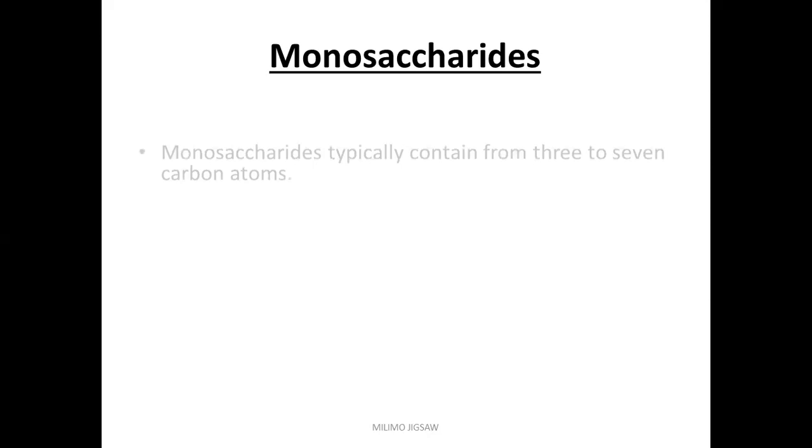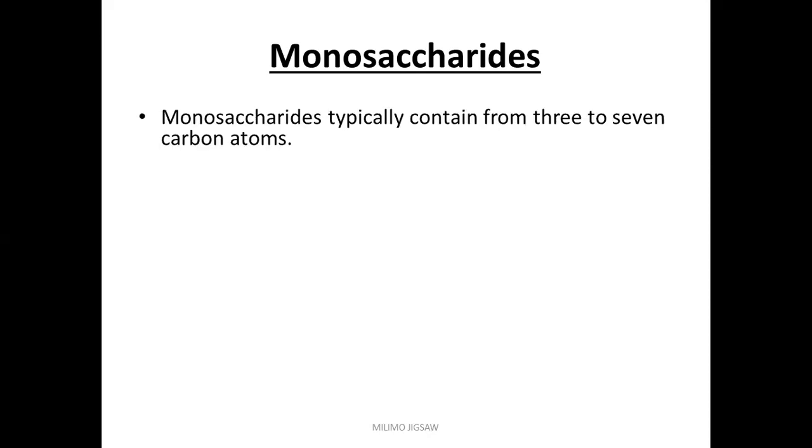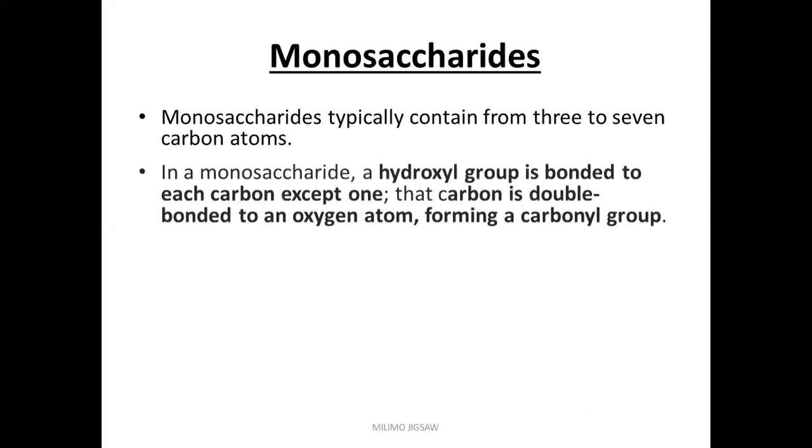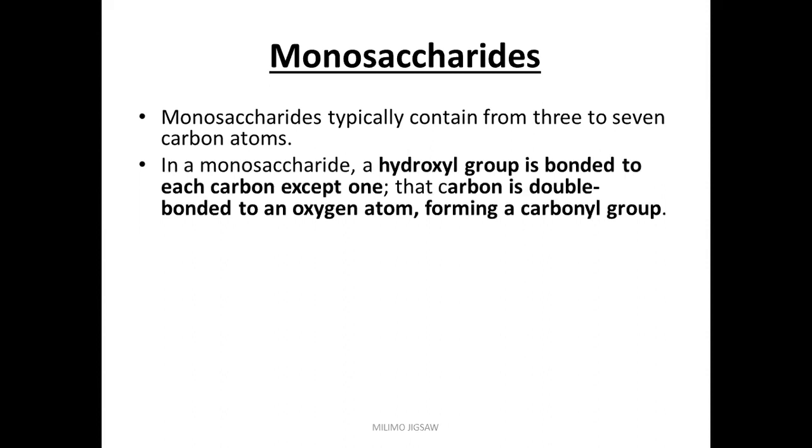So when we look at the monosaccharides, these typically contain from 3 to 7 carbon atoms. Remember, I said that the least number of carbon atoms that we find in carbohydrates is 3. So in a monosaccharide, we find that a hydroxyl group is bonded to each carbon atom except for one.